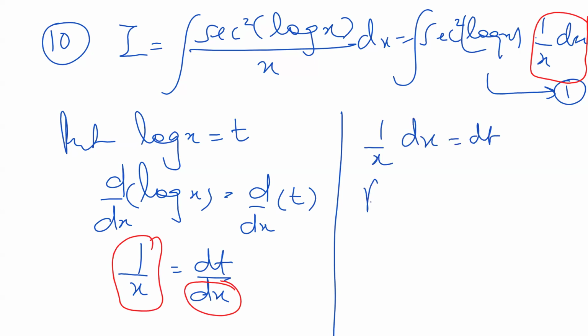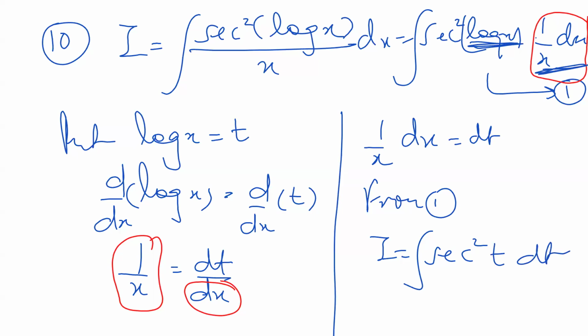So from equation number 1, this is going to be sec square t, and this is dt. Integration of sec square t is tan t, and then t has to be replaced with log x. That will be your final answer.